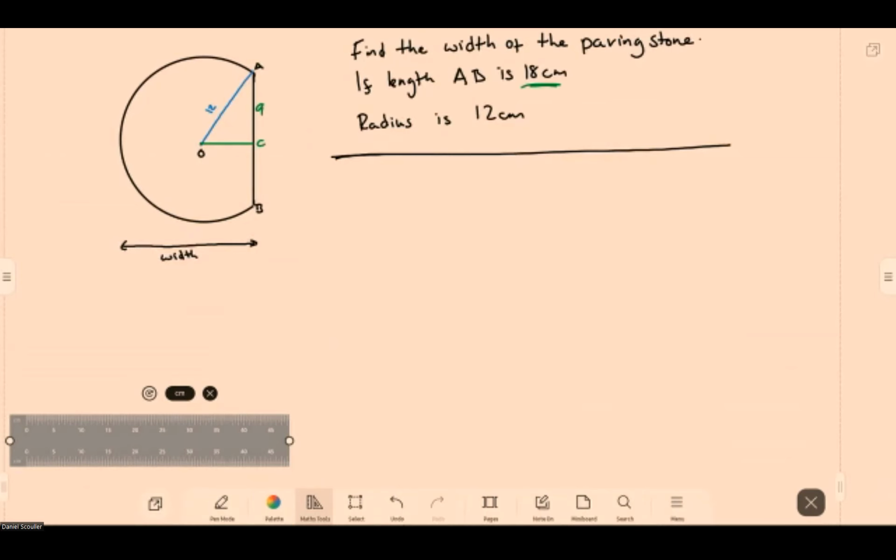Using Pythagoras, short side squared equals long side squared minus short side squared. The short side that we're looking for is called OC. Long side is 12 squared, short side is 9 squared.